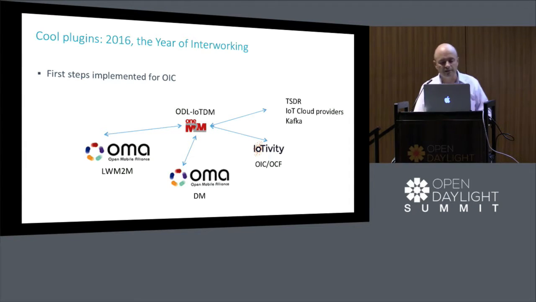But if you don't have a standard, you just use your common sense. It takes a little more effort, but it's totally doable. So OIC, and then you can also interface with TSDR. We have a TSDR project as part of OpenDaylight, so you can interface with that.